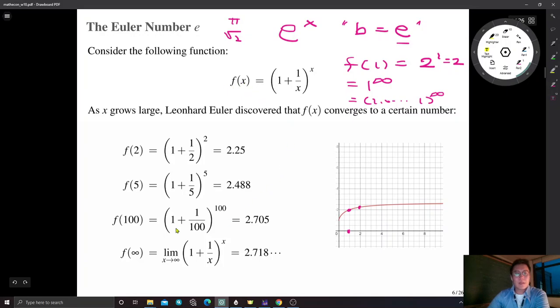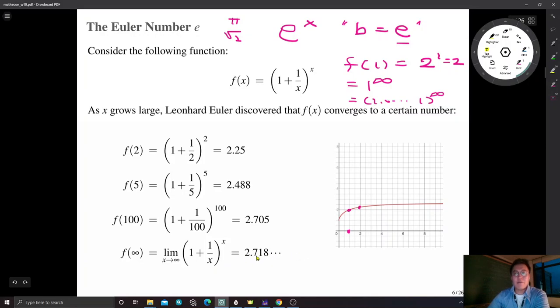All right? And then it turns out that it does not grow to infinity. This function does not grow to infinity, and it's not equal to 1 either. In fact, it turns out that f of infinity, so the limit value of this function as x goes to infinity, is equal to 2.718 something.